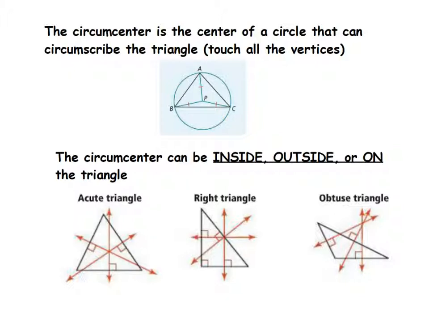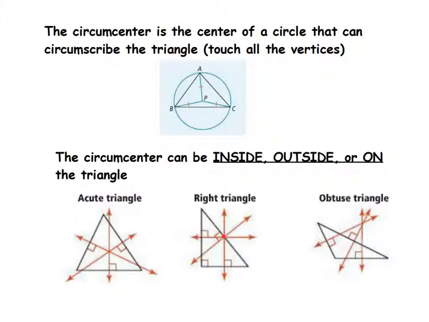Now, when you're doing the circumcenter, you have options on where it might land. If you have an acute triangle, that means all 3 angles in the triangle are acute angles. If that's what you have, that circumcenter is going to land on the inside of that triangle somewhere. But if your acute triangle is now a right triangle, that circumcenter actually will land on the hypotenuse of your right triangle.